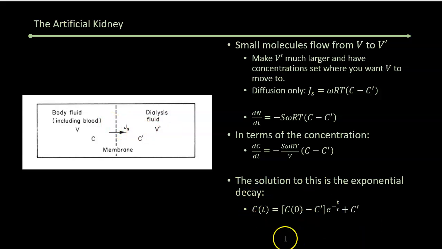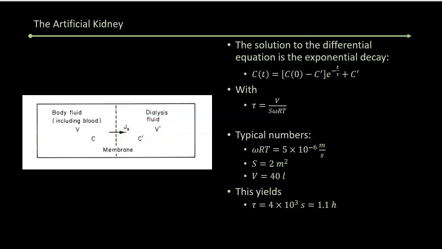So here we are. C naught is where you start, at T0. C prime is your target concentration, and your concentration in the blood goes as this exponential term plus the target you're headed towards.